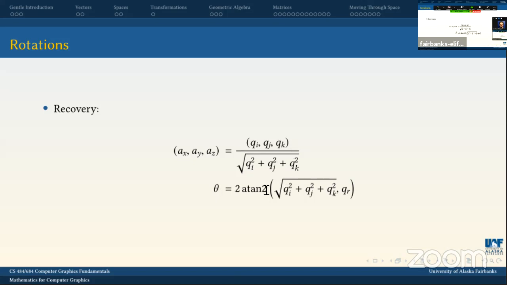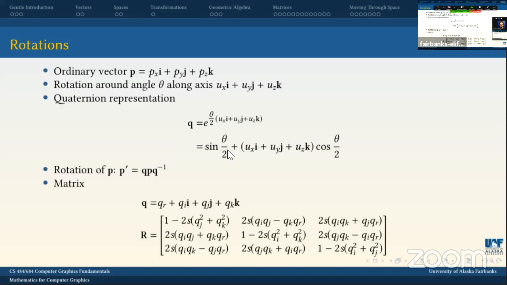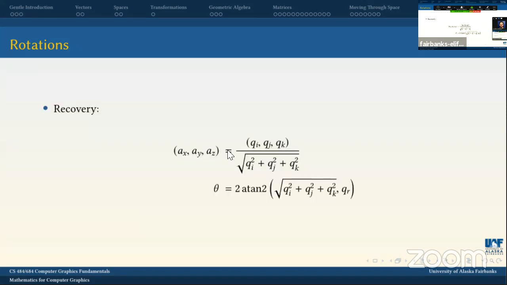And then theta is 2 times atan2 of the length of the vector component and qr, the real component, okay? The reason we're multiplying by 2 is because of sine theta over 2. So this is how you take a quaternion and turn it back into 3D information that we might find useful.